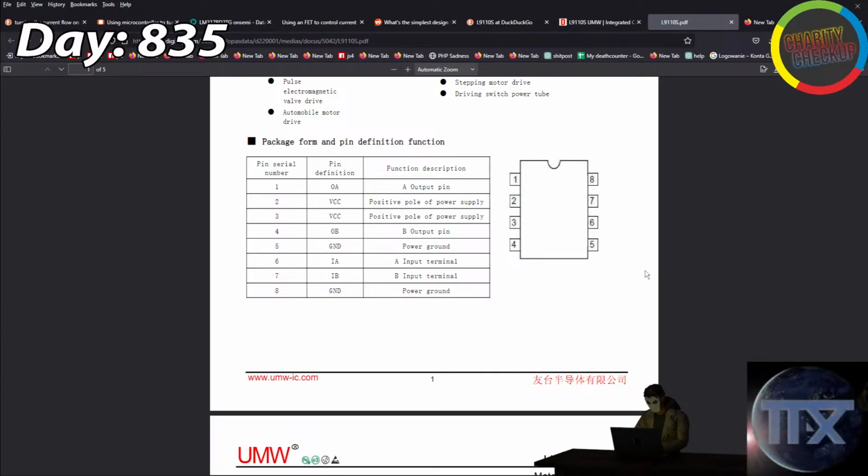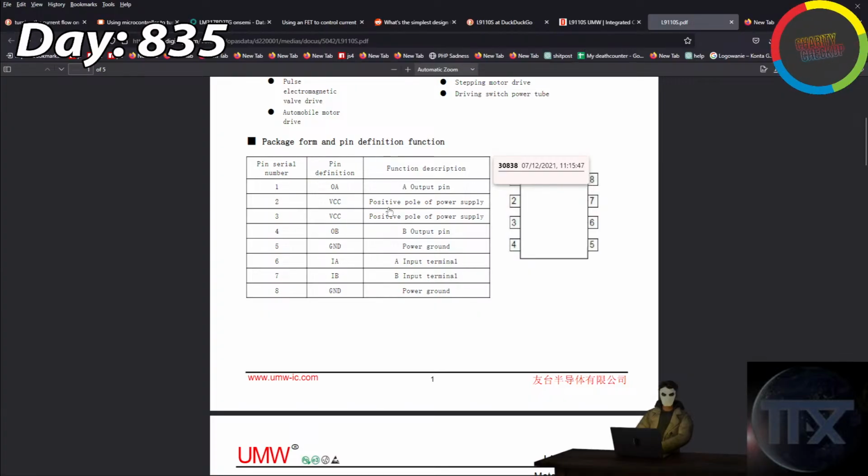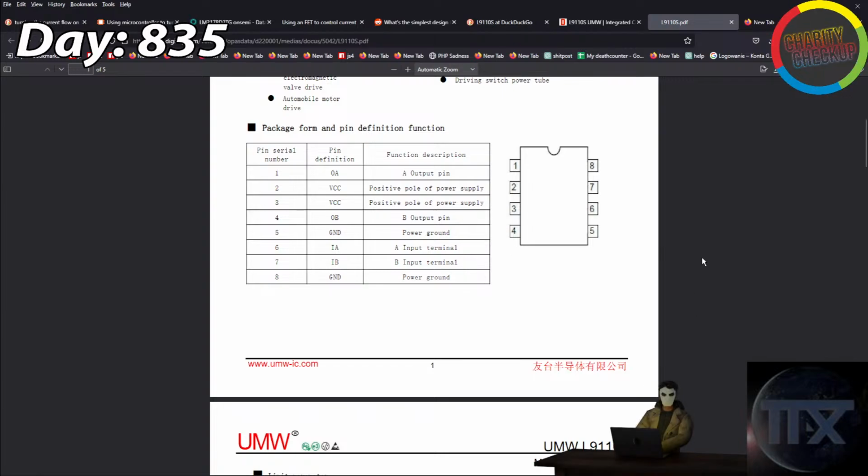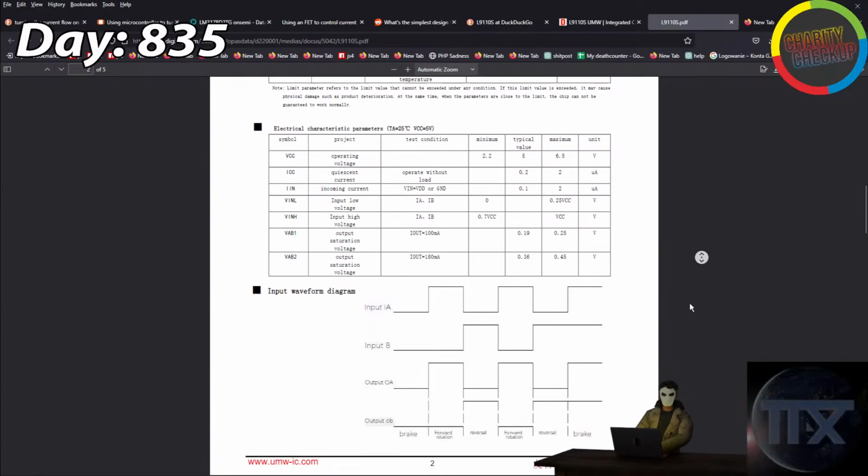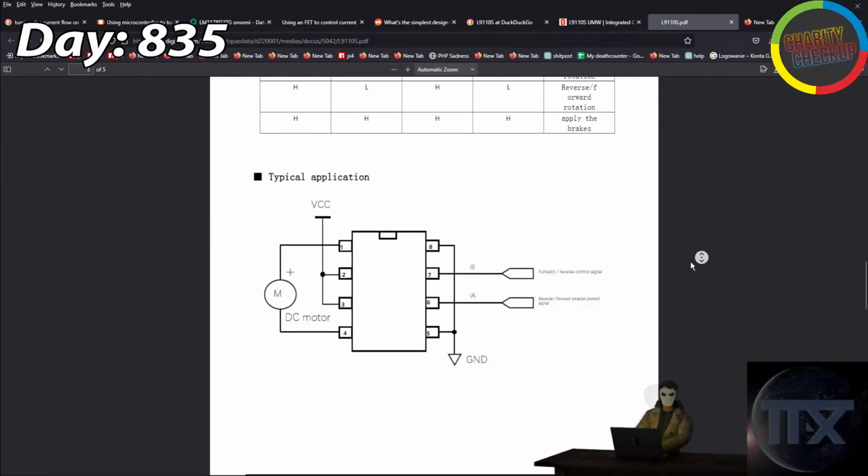I'm trying to see, do I have an example? Why are there two positive poles of power supply? Is that the same positive input terminal, input power ground? I'm assuming the connection is there. Oh yeah, there is. There's both going.